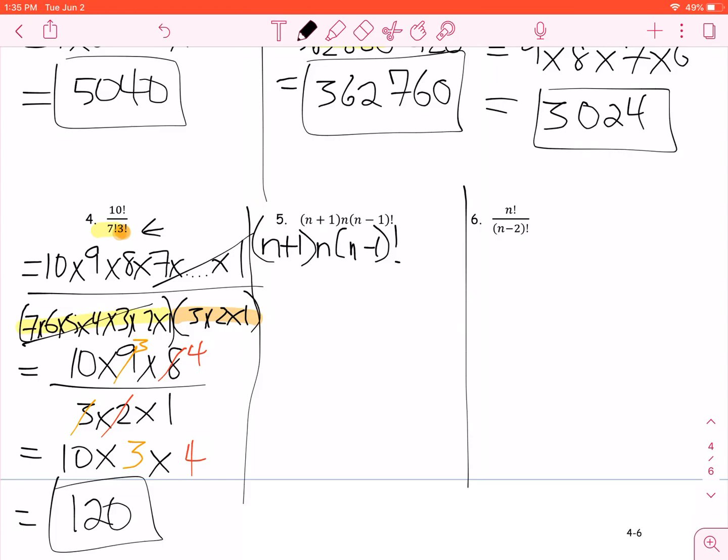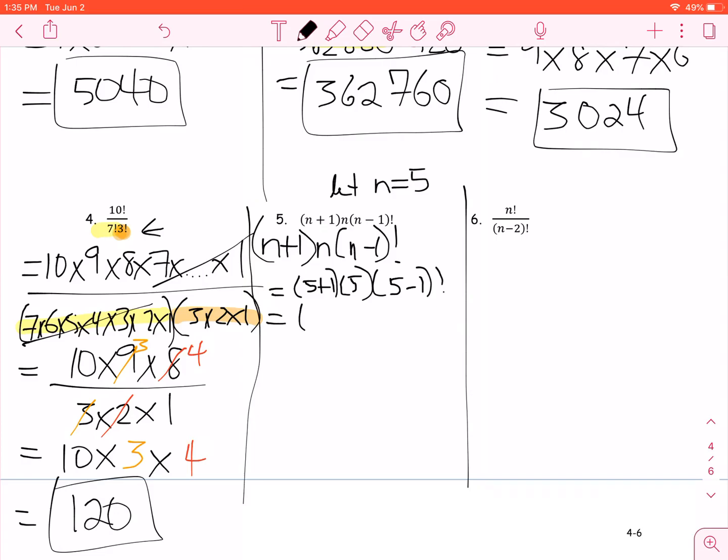Okay, so with that, let's let n represent 5 per se. Okay, so what I have in my next step would be 5 plus 1, 5 minus 1 factorial.